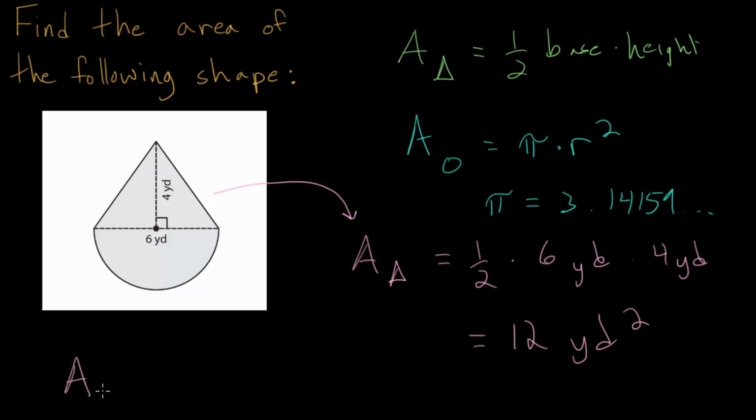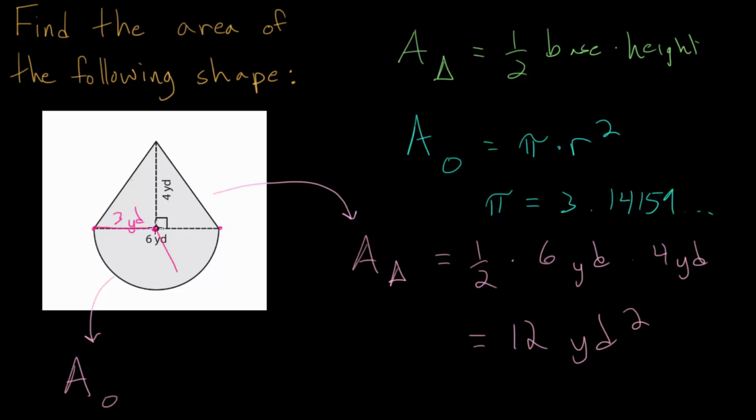Now, finding the area of the circle, we need to figure out what the radius is. We know the length across the circle is 6 yards. But remember that the radius is the distance from the center of the circle to its edge. So if the diameter is 6, the radius would be half of that, just 3 yards.